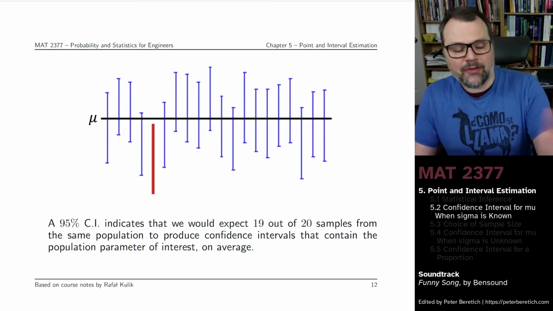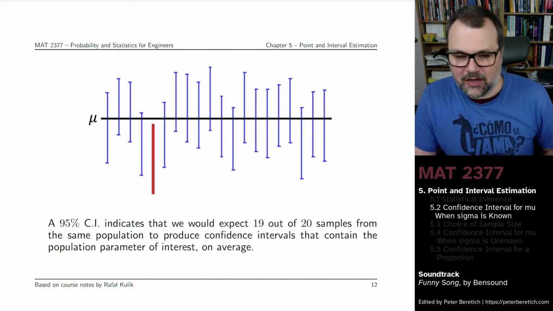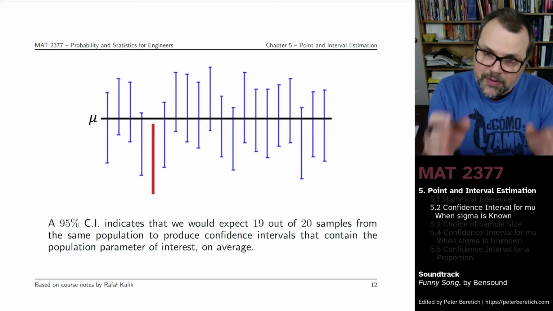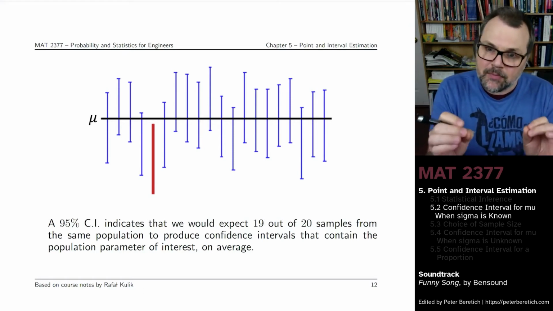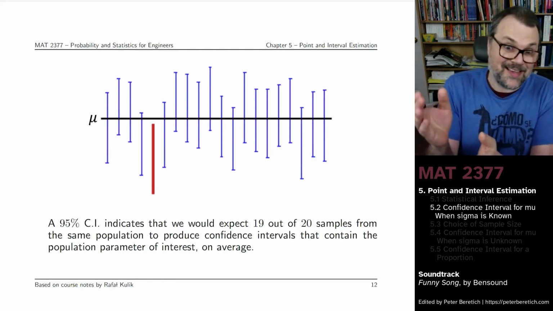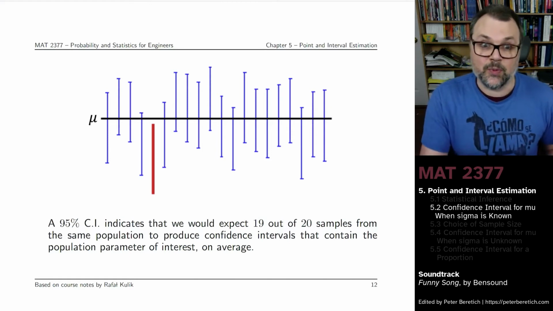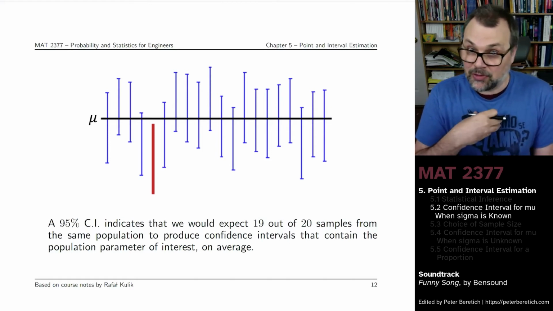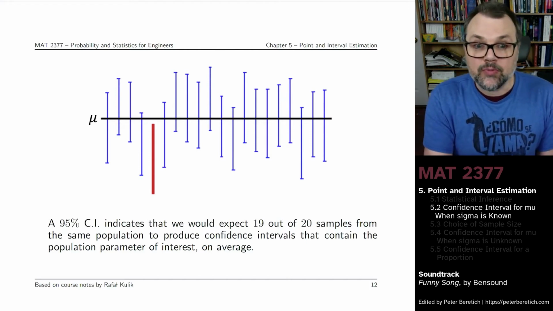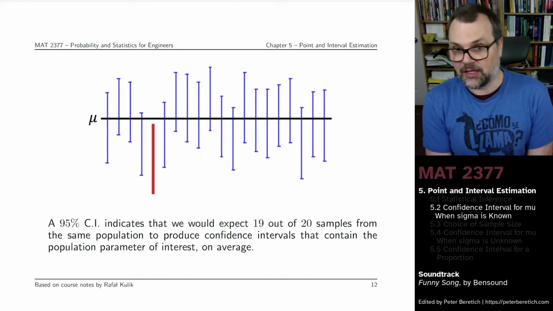Here's an illustration. Rather than using a 68.3% confidence interval, we're talking about a 95% confidence interval. 95% confidence interval means that if you were to repeat the procedure where you pick the same number of observations for your sample from the same population, which has the same standard deviation, and you build a confidence interval. So let's say there's 20 of us, and we each build a confidence interval based on the sample that we've observed, we would expect on average that the true value mu would fall within the confidence interval about 95% of the time.